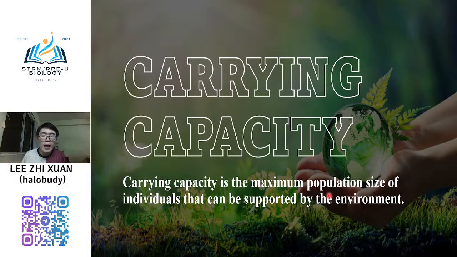So this 100,000 is the maximum population size. I cannot give more. If there are too many, the others will be disqualified, terminated, because our environment can only support 100,000. The others we cannot support. This is one example.